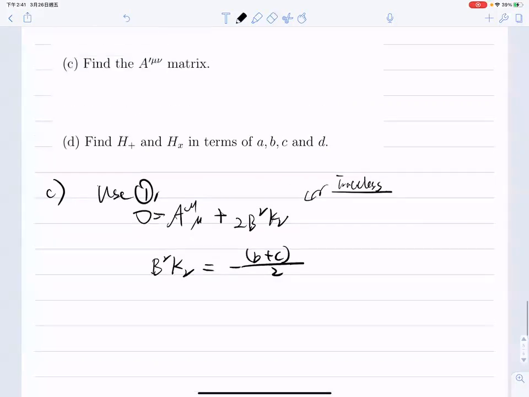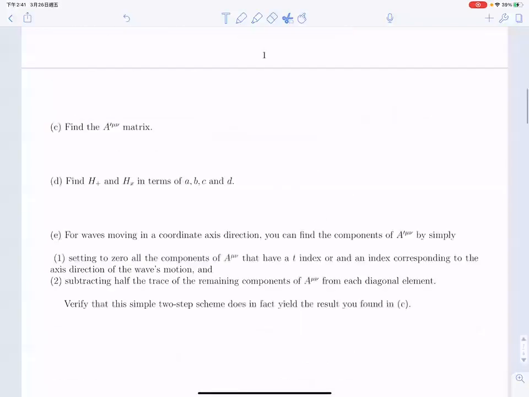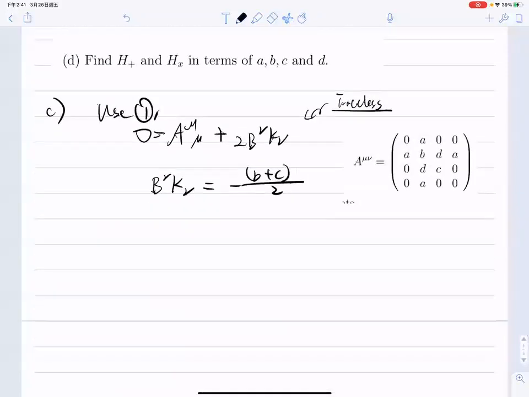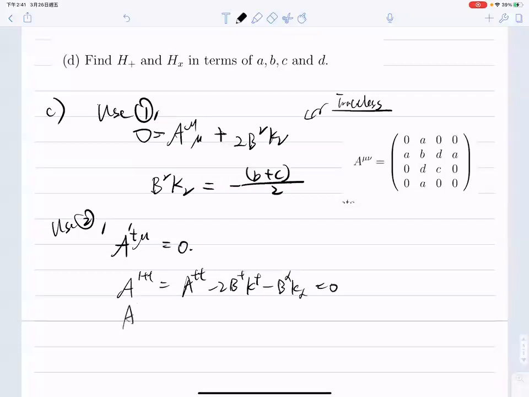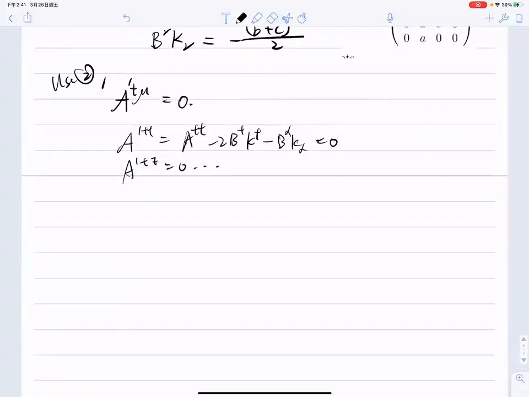It is because we copy the A mu nu, the original A mu nu, just all the normal mathematics, and then based on using 2, the time component is all equal to 0, which means A_TT minus something like that is equal to 0, A_T z equals 0, etc. Yeah, as you expected, for a gravitational wave in the TT gauge, you have A_TT mu nu just 0, 0, 0.